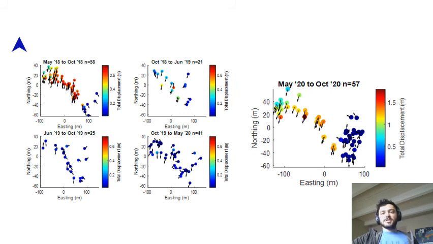And we have 5 different time steps for this landslide. So we can see from this the spatial variability in the magnitude and direction of tree movements on this landslide. And we can also see how this varies over time quite accurately.